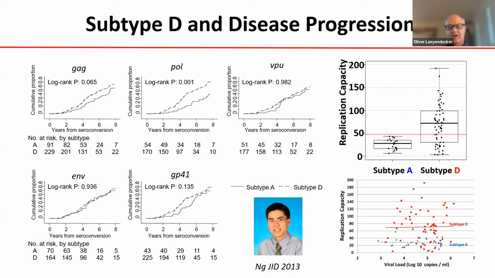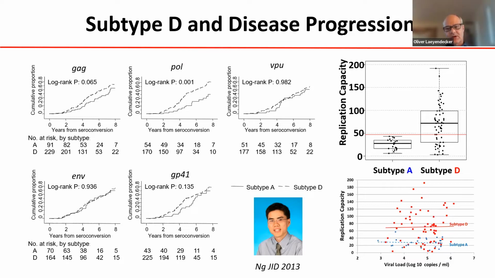That is the graphic here on the bottom right, where you see replication capacity for the subtype B samples in red, and for the subtype A samples in blue, and what those set point viral loads are in log scale. And yes, there is no correlation with the replication capacity and set point viral load. There is a difference, a great difference in terms of subtype and replication capacity.